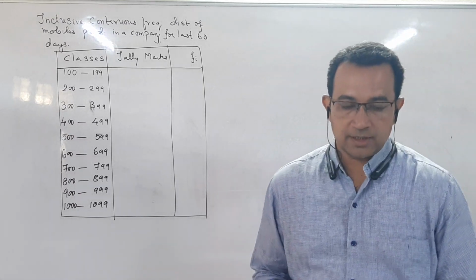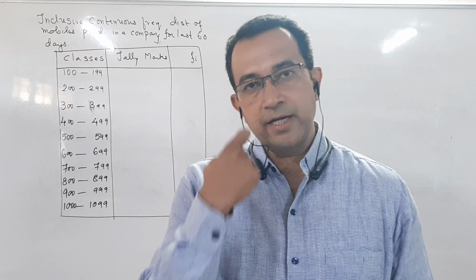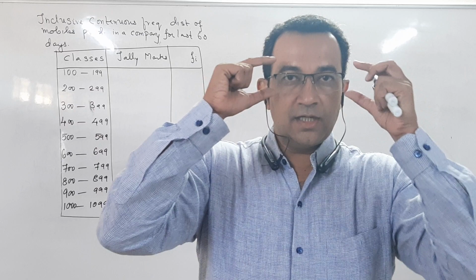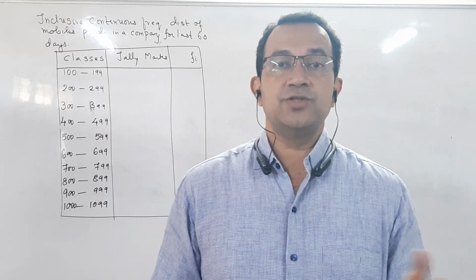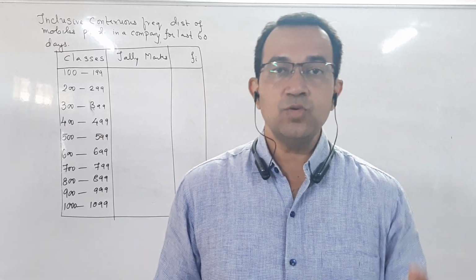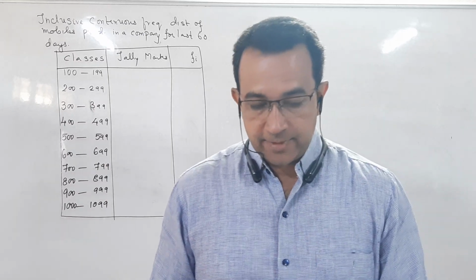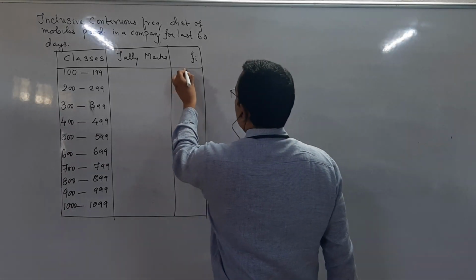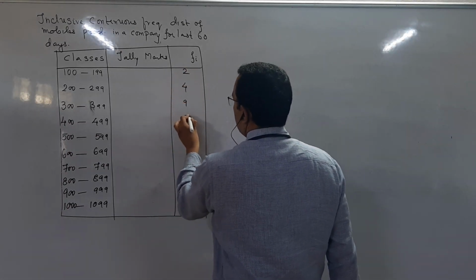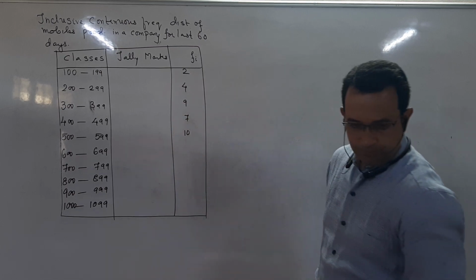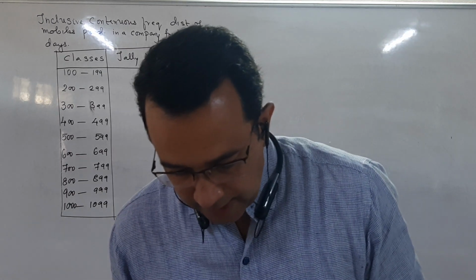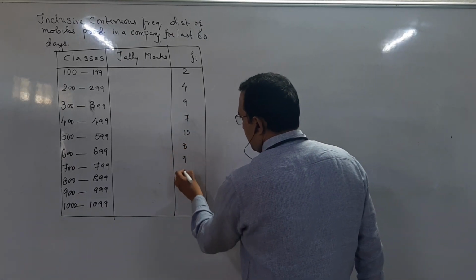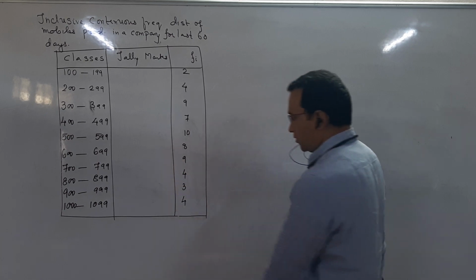Now students, tally marks I have already done beforehand, and I suppose you can easily do on your own. Please spare me, I won't teach you how to do tally marks, that all of you know. So directly I am writing the frequencies, which are 2, 4, 9, 7, 10, then 8, 9, 4, 3, 4.